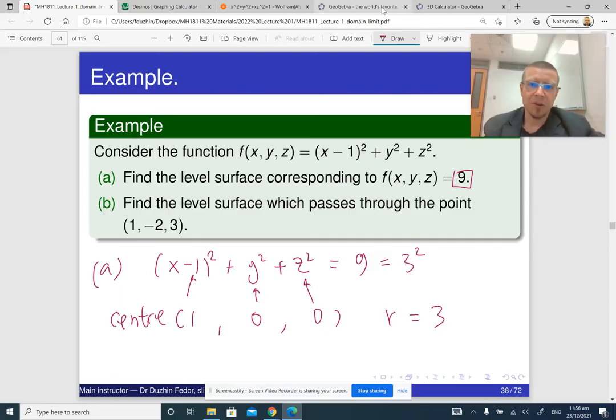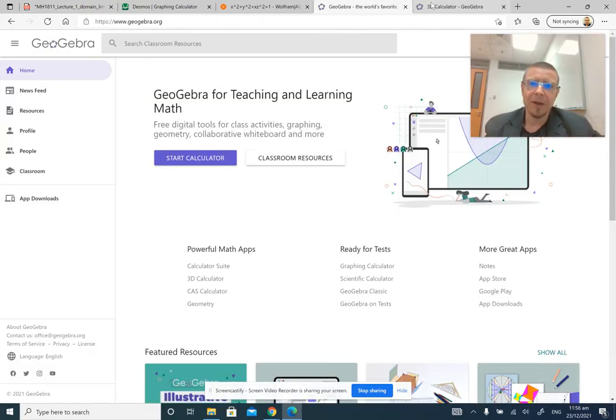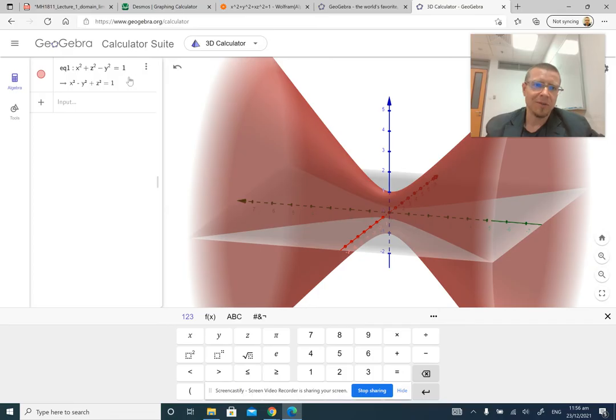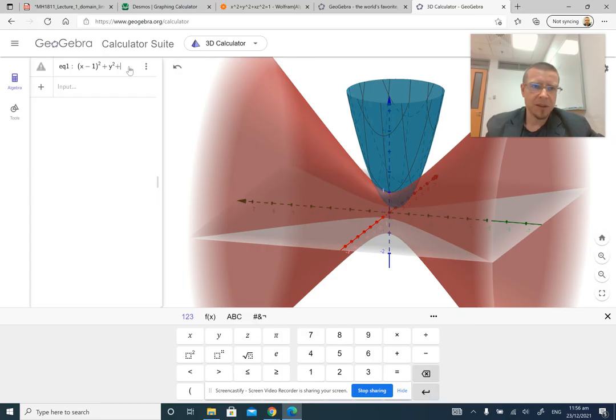So if you want to plot it in GeoGebra, you can look at it from different angles. So let me just erase this. x minus 1 squared plus y squared plus z squared is 9.